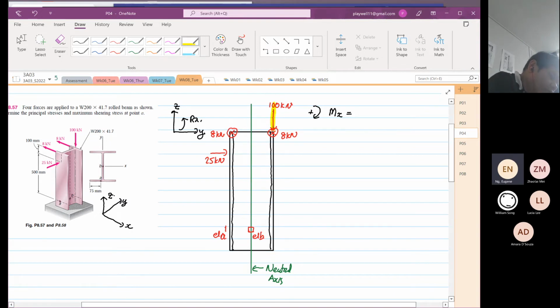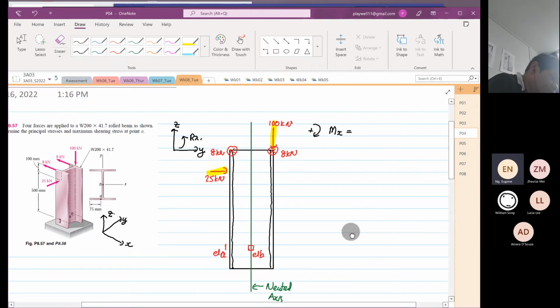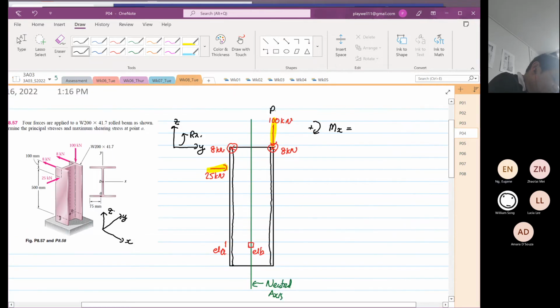I want you to look at the direction. The other one is induced by the 25 kilonewton. The 100 kilonewton is parallel to the neutral axis. The other one is perpendicular to the neutral axis.